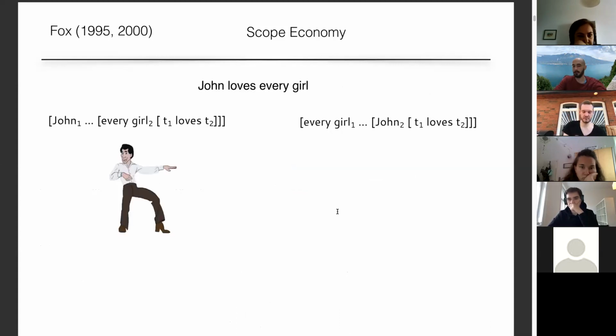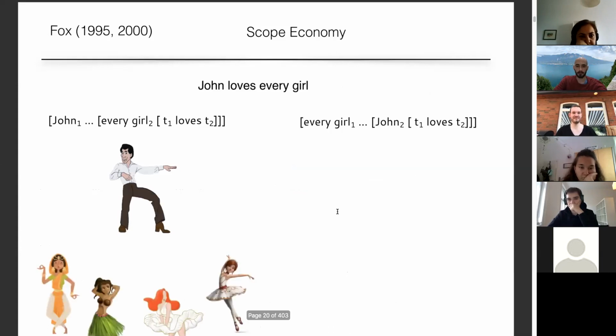So this is John Travolta. And these are all the girls in our universe. Okay? So let's start with the surface construction. First, we have John. Now we want to check if, given that John is in the higher position, he loves every girl.